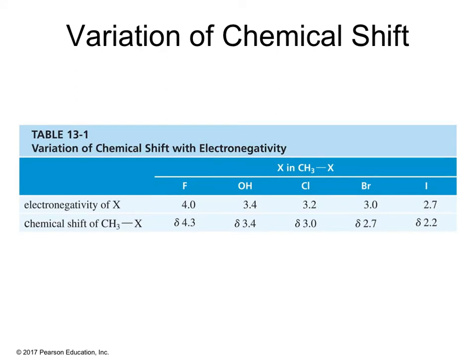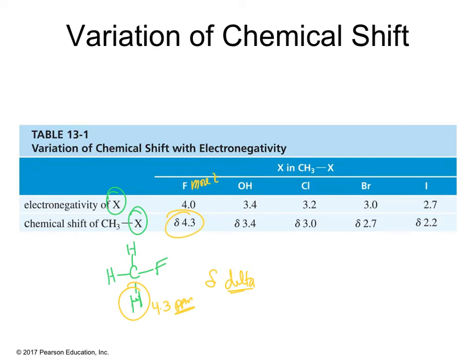What you do need to know, and you can refer to these, is the NMR chart. So if you have an electronegative atom, so you're looking at these hydrogens connected to like a fluorine, these hydrogens are going to show up at 4.3 ppm, and the delta means the shift, and it's going to be ppm, and this is very electronegative.